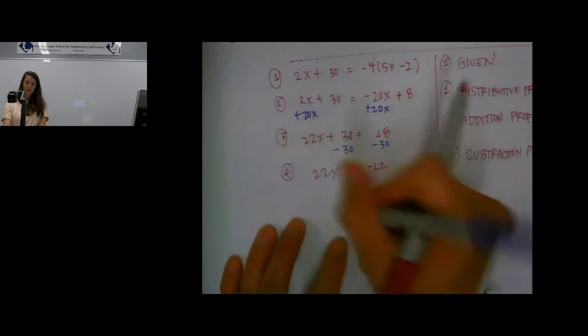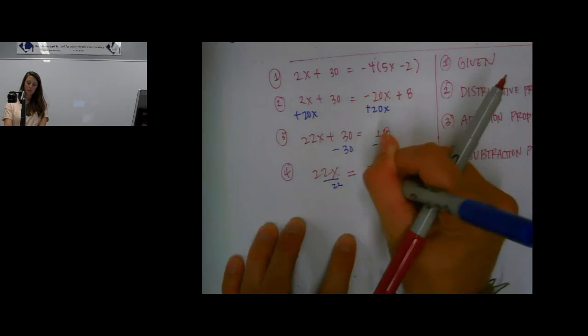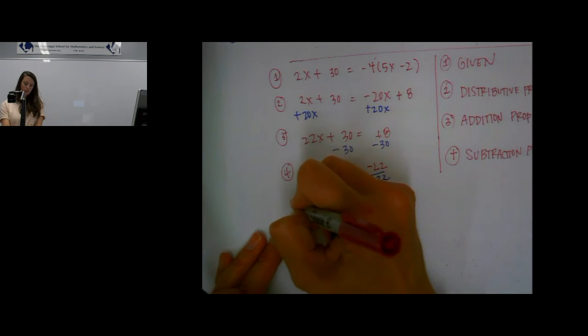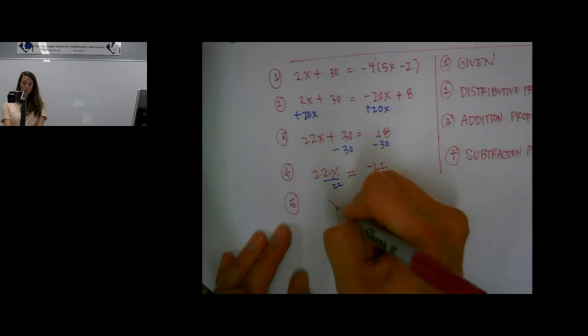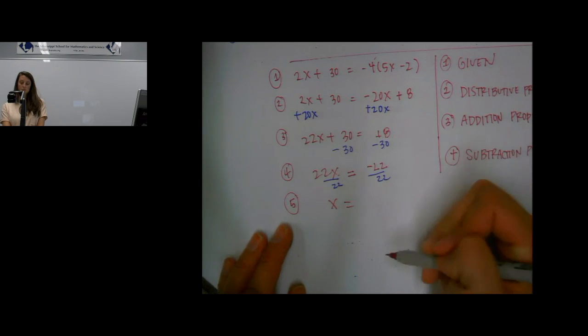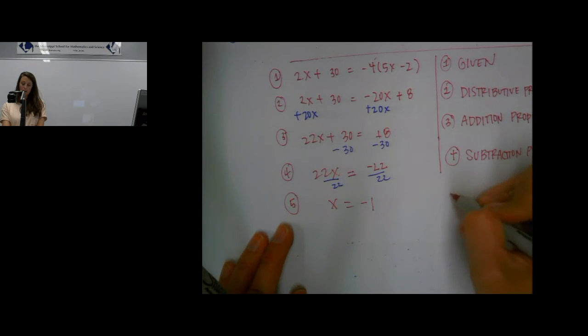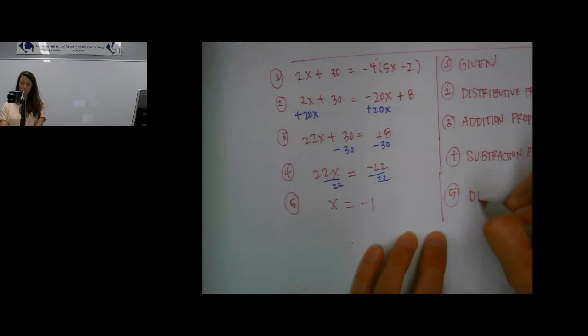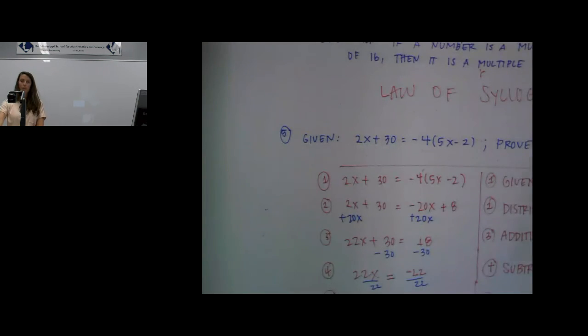Then my next step is to divide both sides by 22. Like I said, you can leave the steps out because we're just assuming that is happening. I just like to show you so that you can understand the reasons we have this. So this is because of the division property.